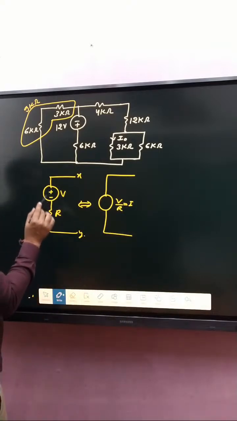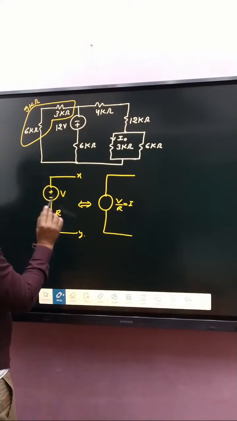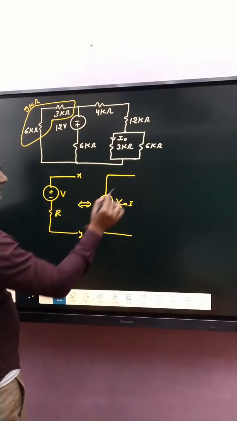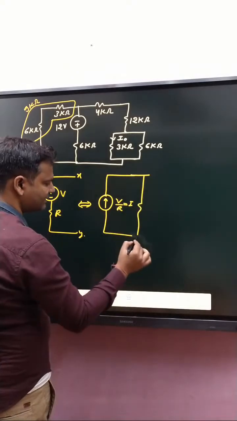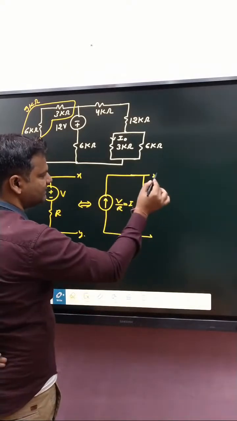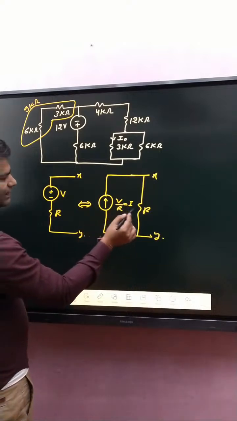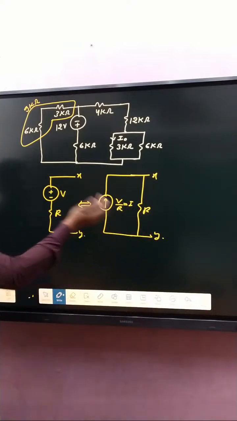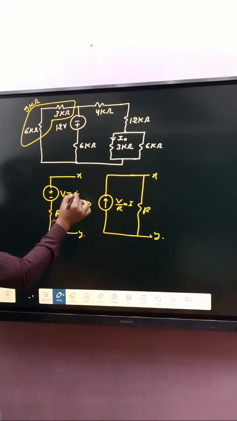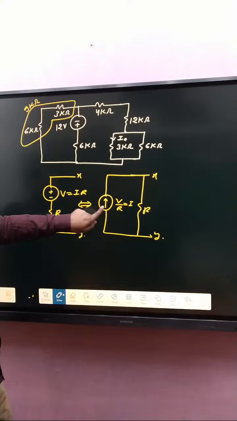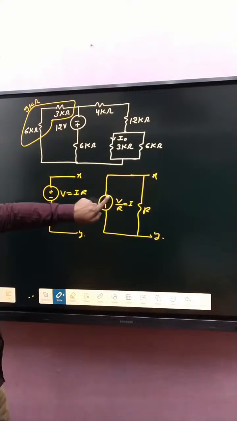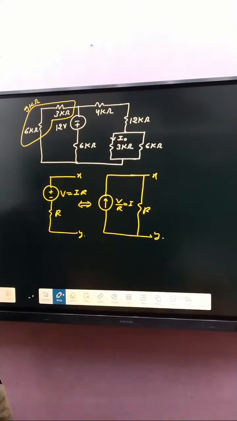Current always leaves from the positive terminal, so the direction is upward, with resistance R connected, and here X, and here Y terminal. Vice versa, if current I and resistance are given like that, then what about V? V is equal to I into R. And what about polarity? Current leaves from the positive terminal, so the upper plate positive, lower plate negative.